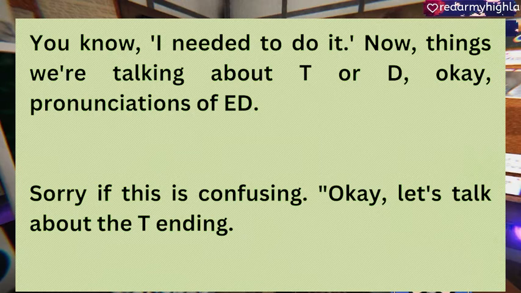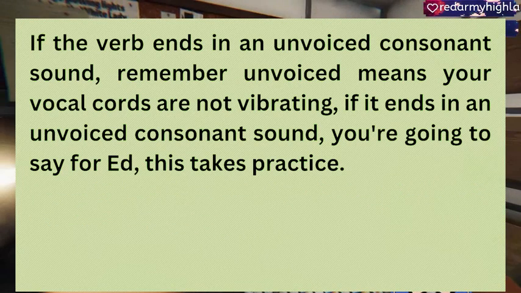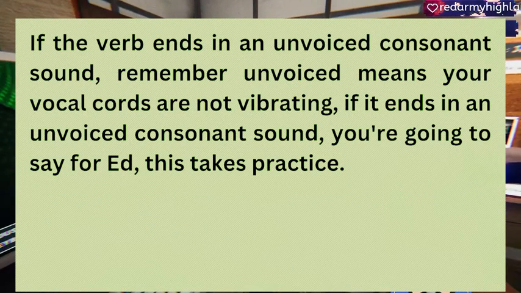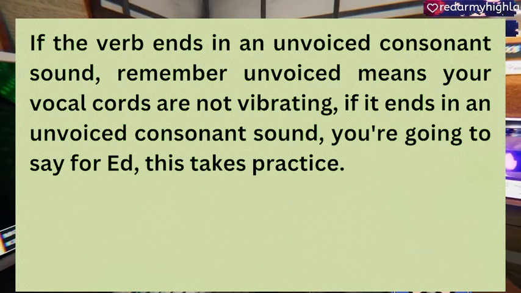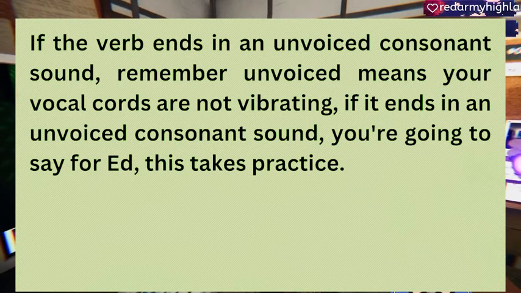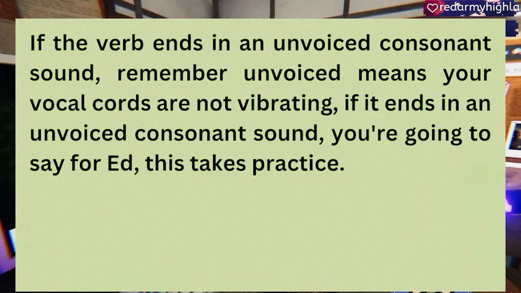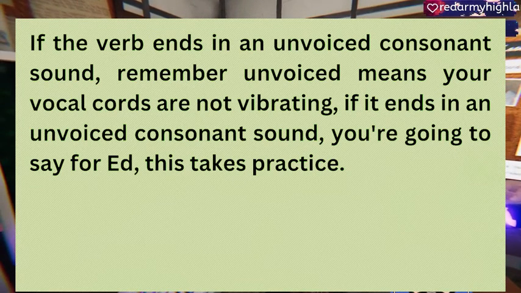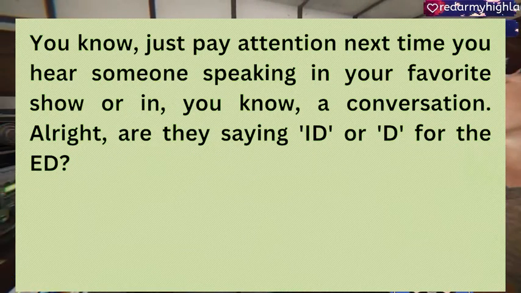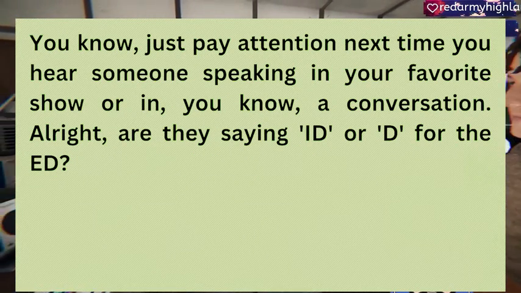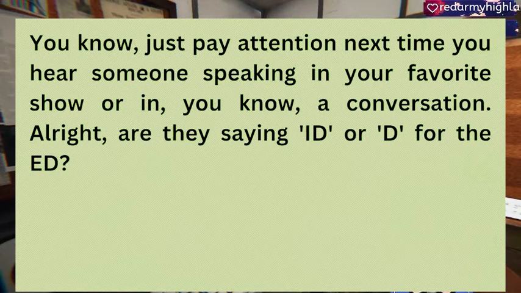Okay, let's talk about the T ending. If the verb ends in an unvoiced consonant sound, remember unvoiced means your vocal cords are not vibrating. If it ends in an unvoiced consonant sound, you're going to say "t" for ed. This takes practice. You know, just pay attention next time you hear someone speaking in your favorite show or in a conversation.